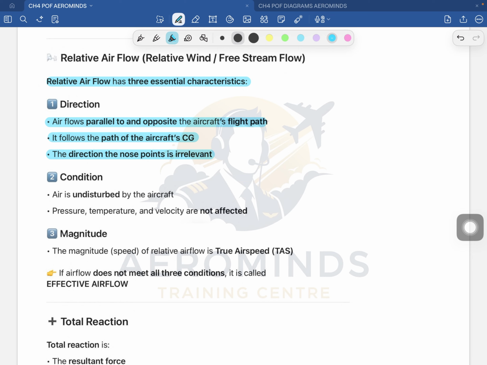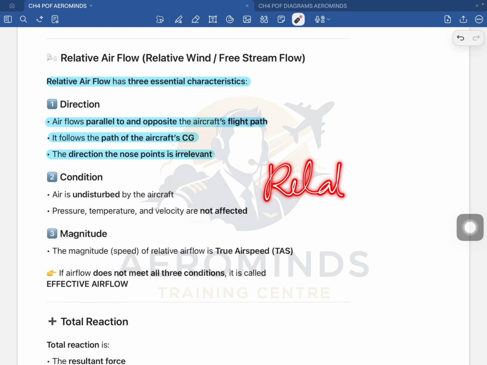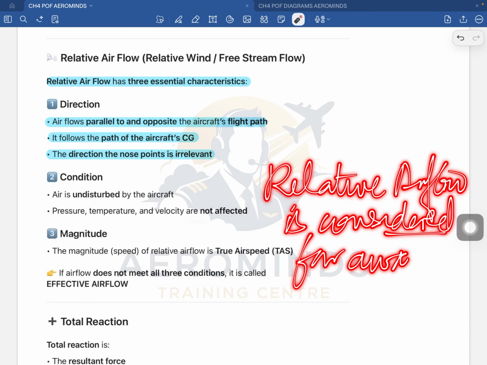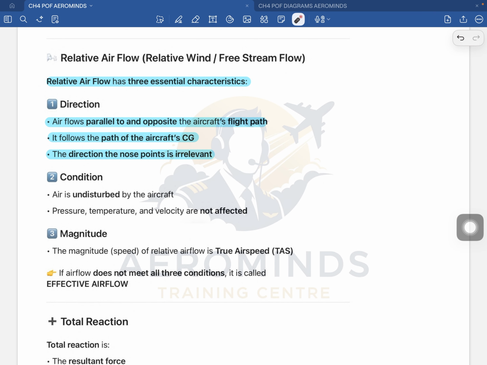Now comes the second condition. The air must be undisturbed by the aircraft. That means the pressure, temperature, and velocity of the air are not affected by the aircraft. This is very important. The relative airflow is considered far away from the aircraft, before the aircraft has disturbed it.